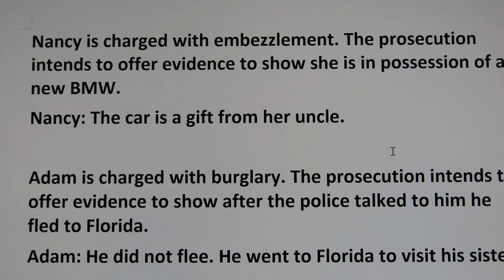But Nancy contests this. She says this evidence is irrelevant because this car is a gift from her uncle. Nancy argues, I did not commit this embezzlement. I did not buy this car with embezzled money. This car is a gift from my uncle.